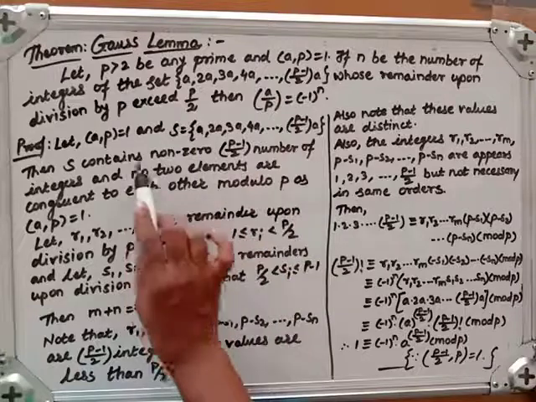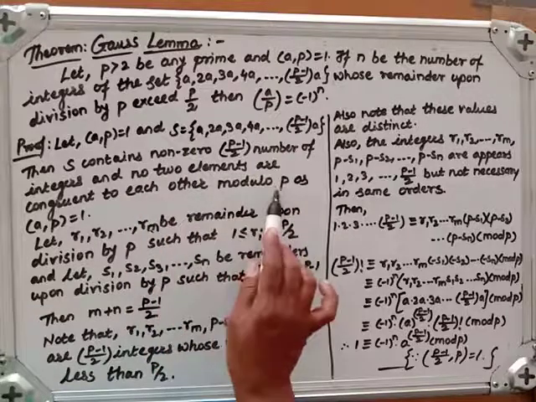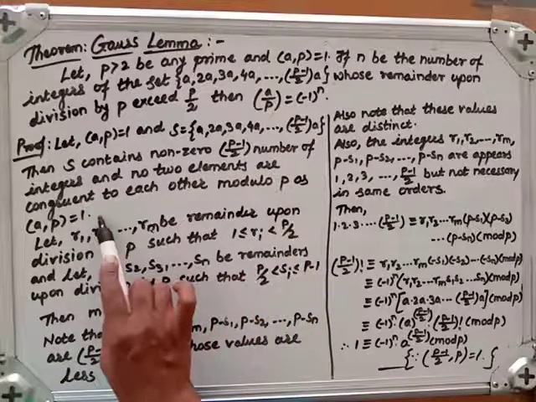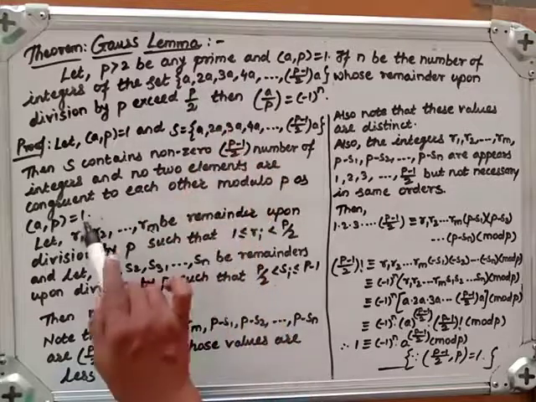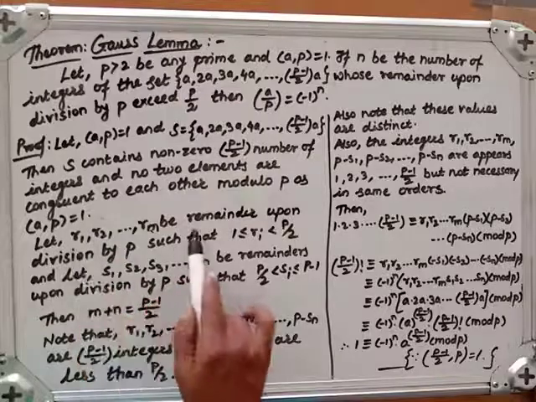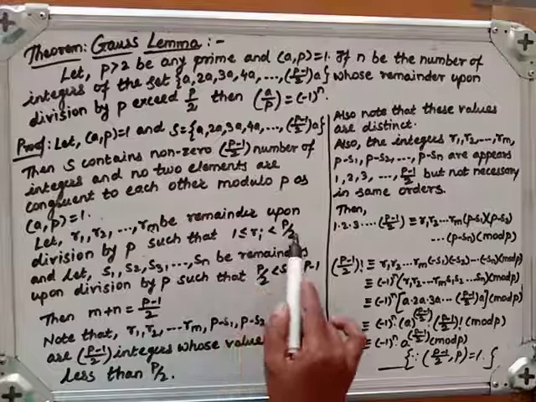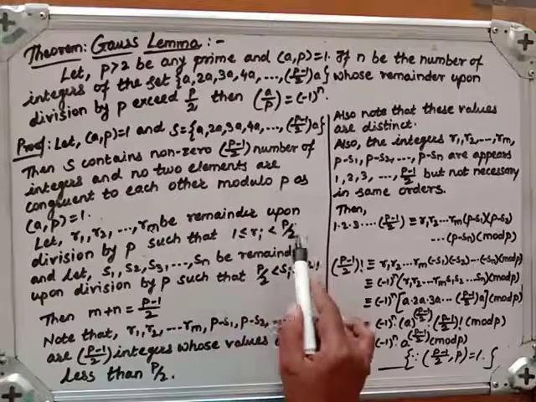So here S contains this many integers and no two of them are congruent to each other modulo p. As a and p are relatively prime, any multiple of a must be relatively prime to p. Now these are the remainders on division by p, where ri lies between 1 and p/2.